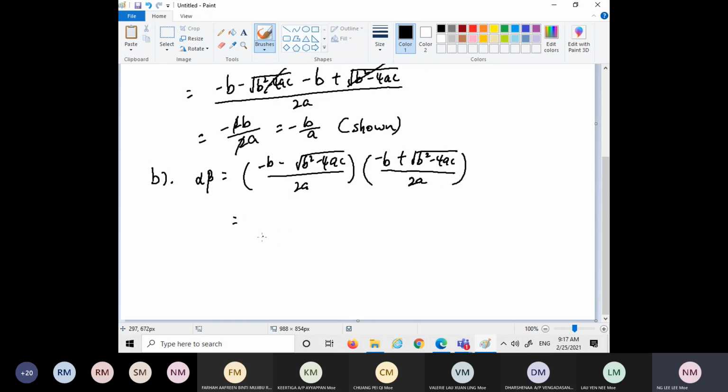Now, because this is a fraction times a fraction, numerator times numerator, denominator times denominator. Therefore you have this.